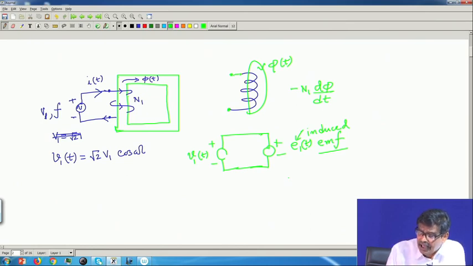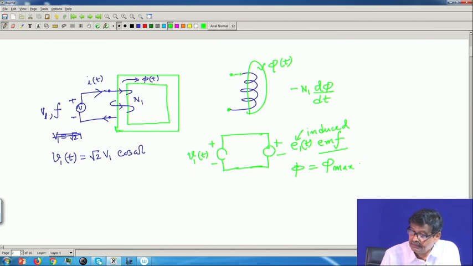Anyway, after this I can say that in this loop KVL equation is to be satisfied. Therefore, applied RMS voltage must be equal to the RMS voltage of E 1. Now, you see this flux will be some phi max.